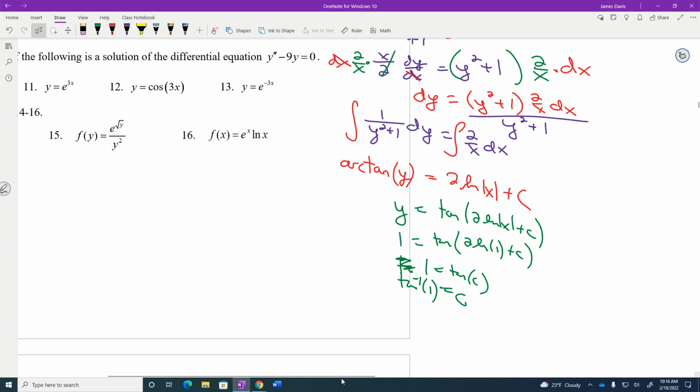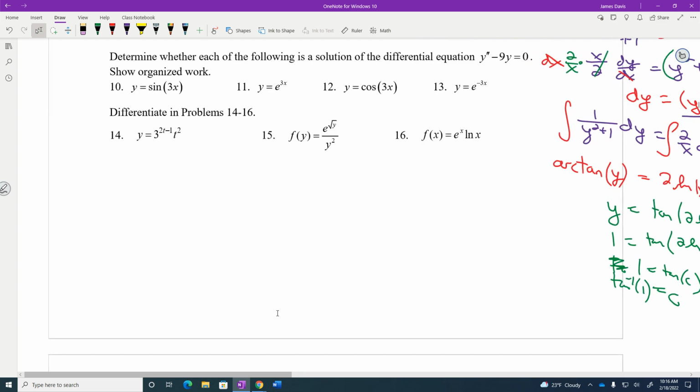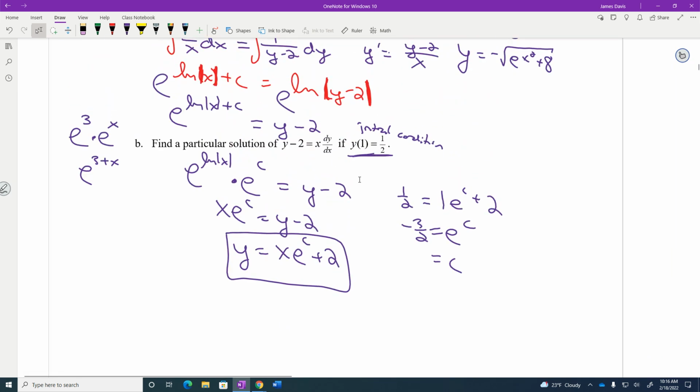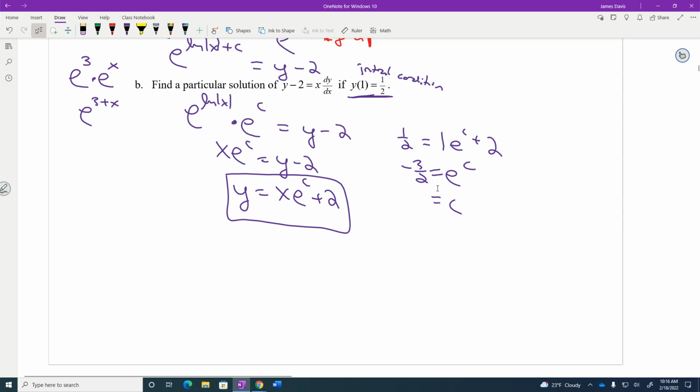I don't know if you guys remember this, but on Wednesday we finished with this one problem, and we were solving for the C, and it ended up being a negative. It was right when the bell was ringing. We were solving for this, and the natural log was negative. I just looked, and it actually is correct.